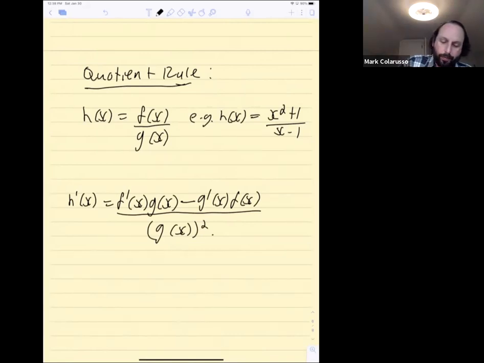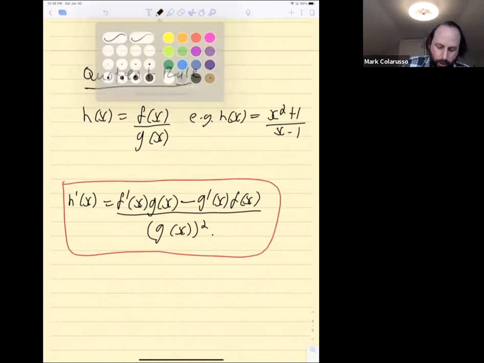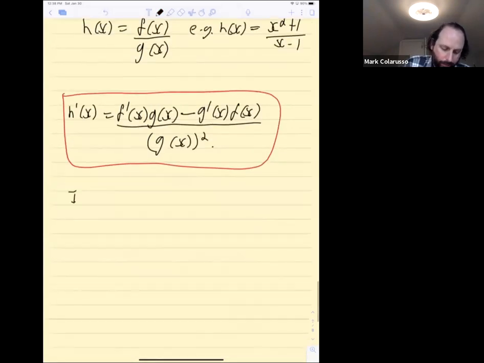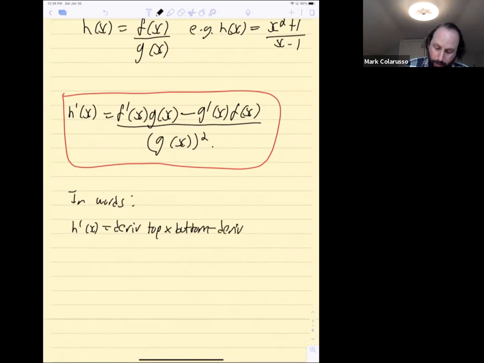Okay, so in short, h prime of x is derivative of top times bottom minus derivative of bottom times top, all over bottom squared.